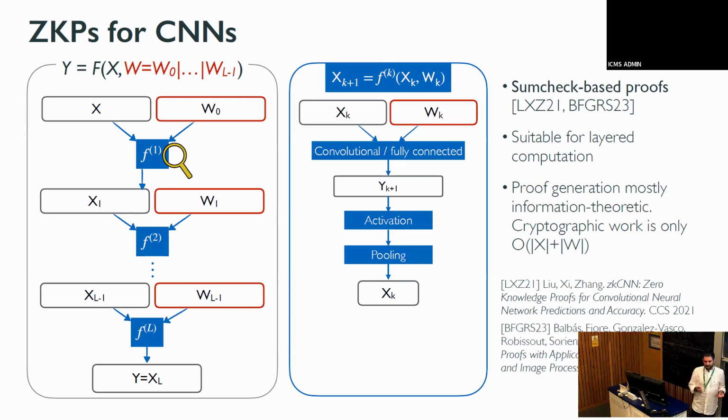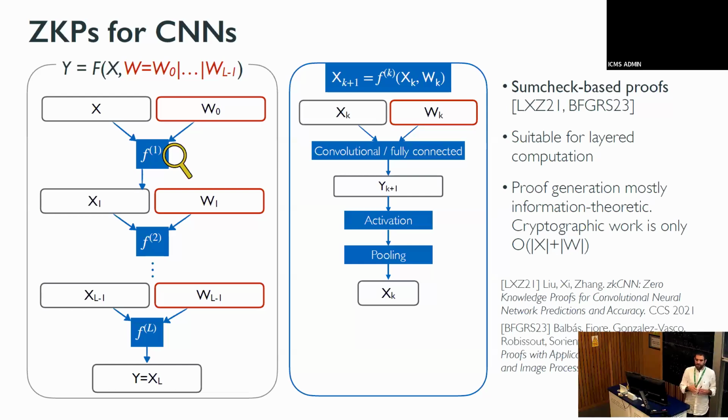Why this? One can wonder why this kind of approach. And one reason is that they are very suitable for this layered computation. So if you remember, the GKR protocol is a protocol that takes a circuit and it proceeds layer by layer. Another reason is that they are efficient for the reason that when you look at the way these protocols work for proof generation, essentially most of the work is information theoretic.